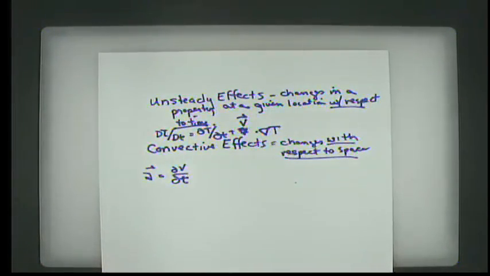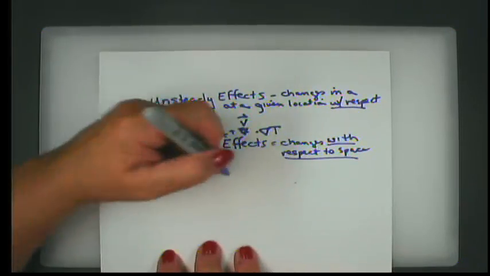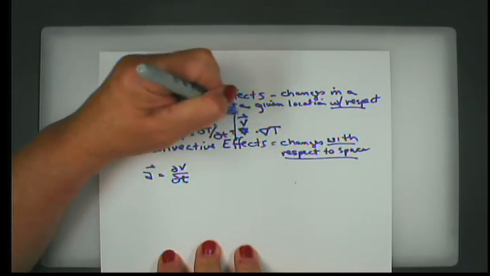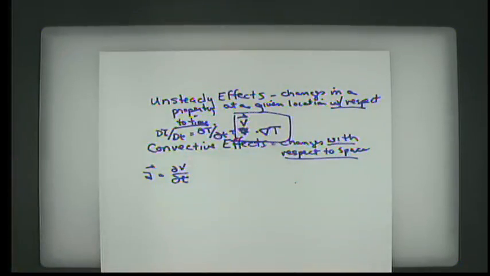Okay? So basically, when you have convective effects, you can have a time rate of change, whether the flow is steady or unsteady, but it's due to convection or motion of a particle through space where there's a gradient, rather than just changing over time for some different reason. So the portion of the acceleration that's given by the gradient term, the v dot del, is the convective acceleration.